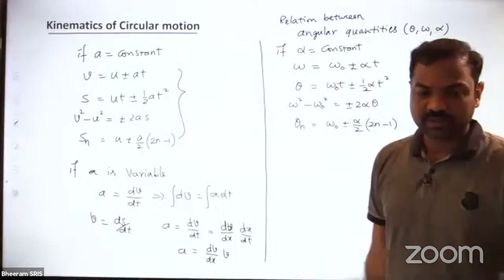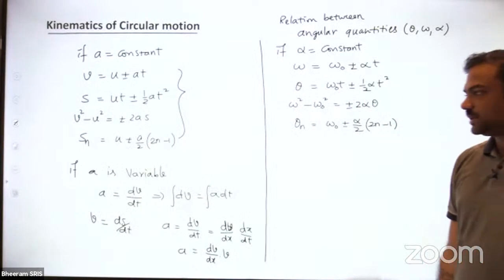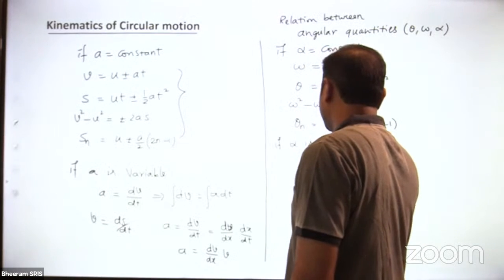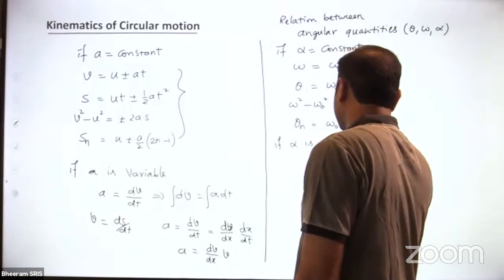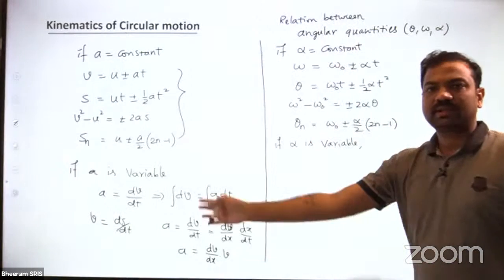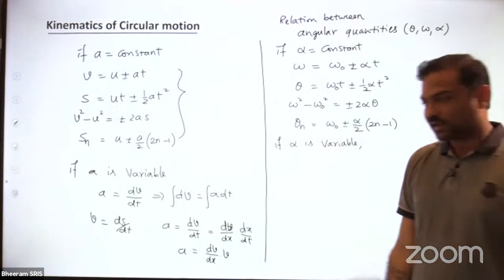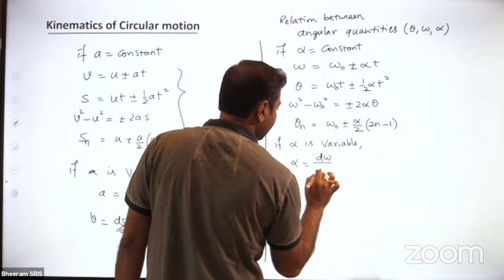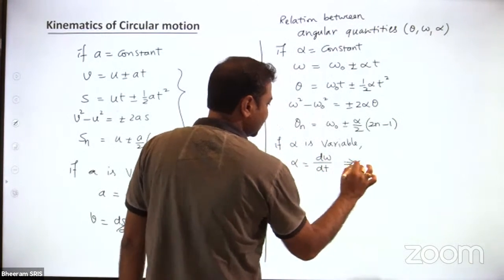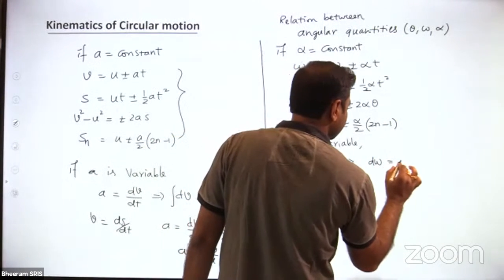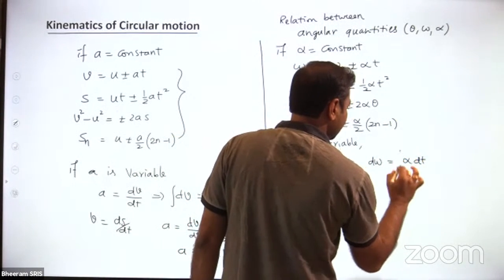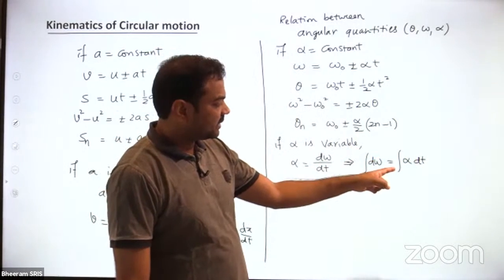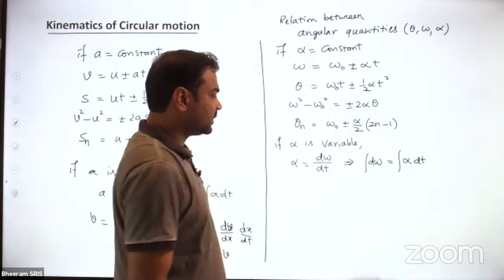Okay, na? If alpha is variable, then what to do? Then we can write down the integration or derivative things. If alpha function is given, then alpha is equal to d omega by dt. Then if you want to find out the angular velocity after some time t, so d omega is equal to alpha into dt. Now integrate, so initial angular velocity to final angular velocity, 0 to t time. Okay, na?